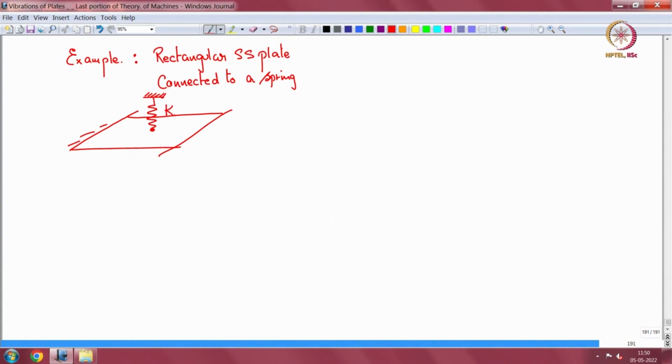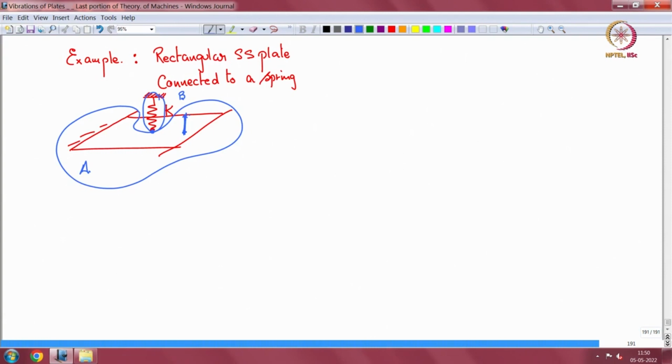Okay. So now there are two systems. The plate forms system A, let us say, and the spring forms system B. This is a one directional connection. It's a vertical connection, a vertical displacement connection.